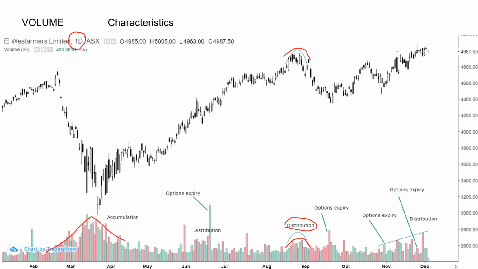What we're seeing in Wesfarmers at the moment, we're seeing the price move higher. Again, looking at these recent tops between August, September, and we're seeing volume increase. So I would suggest at this early stage, we're seeing distribution at this point in time as this price moves higher up through here.